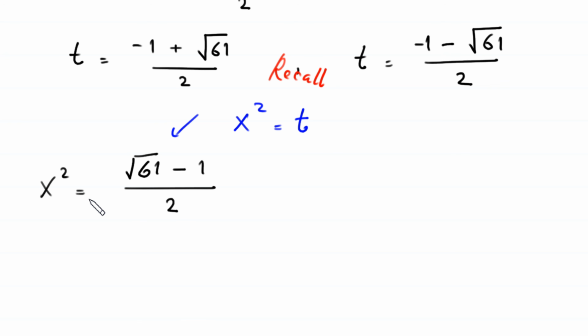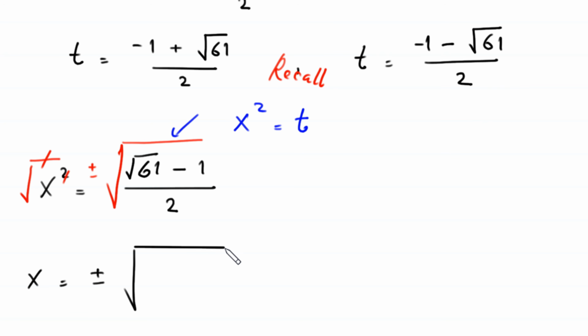To find the values of x we take the square root of both sides. So this square will be cancelled with this square root, and we are left with x equal to plus or minus the square root of root 61 minus 1 divided by 2.